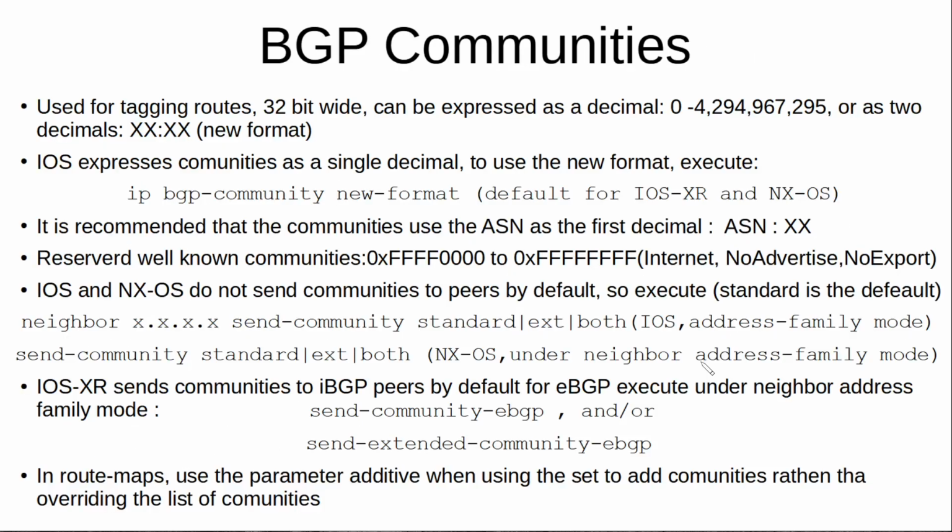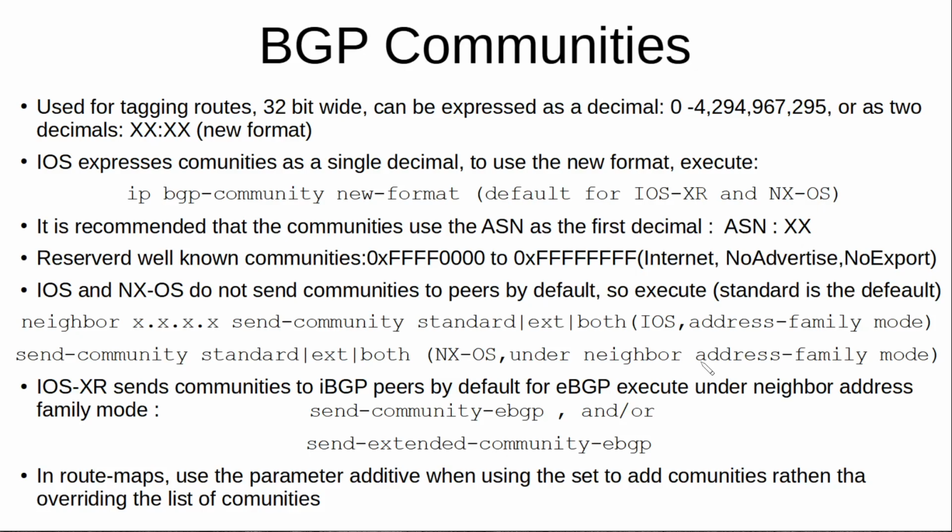You can have BGP communities, which are 32-bit wide numbers that can be expressed as a single large number or as two 16-bit numbers, which is known as the new format. For IOS, if you want to use the new format, you have to execute this command, ip bgp-community new-format. But in other operating systems by Cisco, this is the default, so you don't have to enter it.